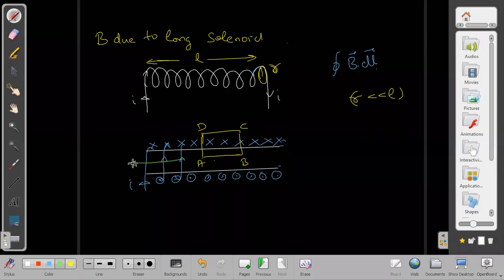Are you getting this? Hold the wire with your hand, and then see how the field is coming inside the solenoid, not outside. Inside only you have to see. Inside the solenoid, field will be coming this way or not? Is it right? Yes, sir.